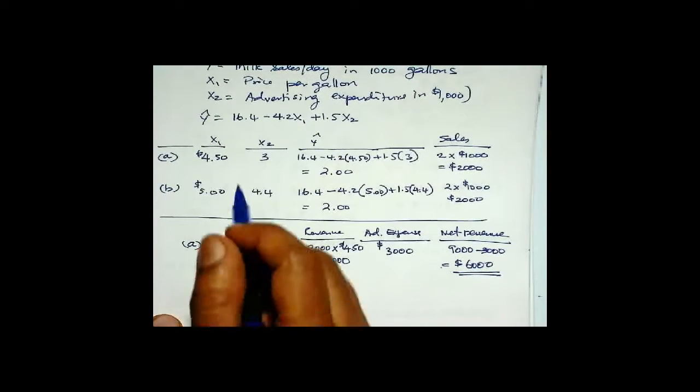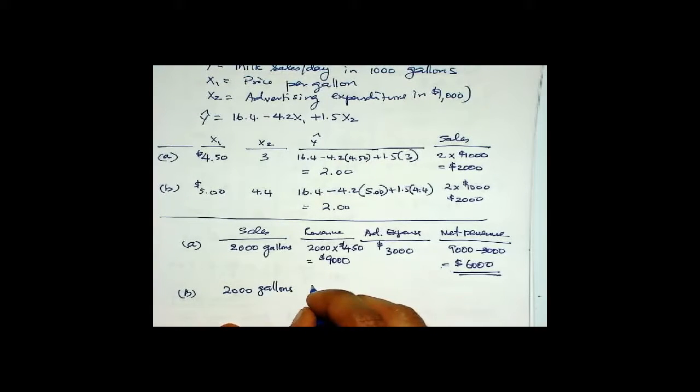So revenue is 2,000 times $4.50. So that will give us $9,000 in revenue. This time the advertising expense is $3,000. So 9,000 minus 3,000 will give you $6,000 net revenue, net of advertising expense, for scenario A.